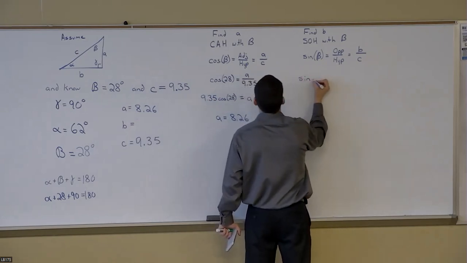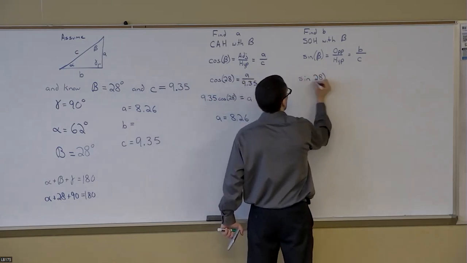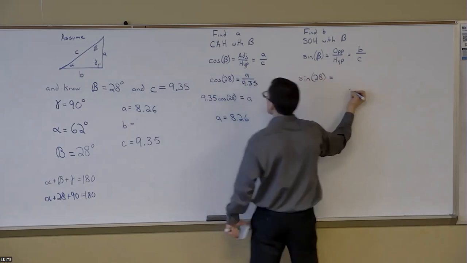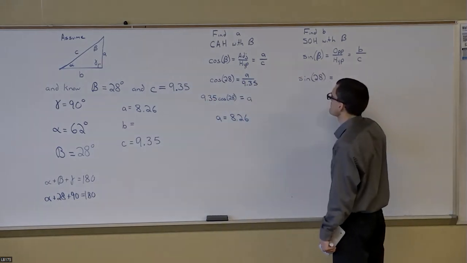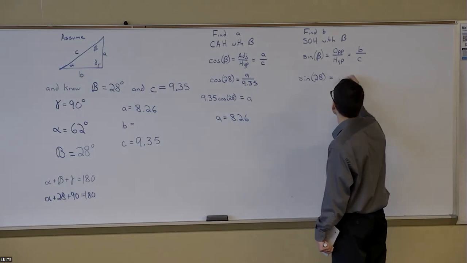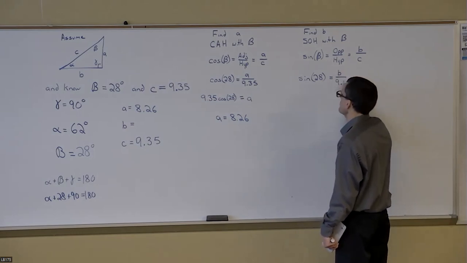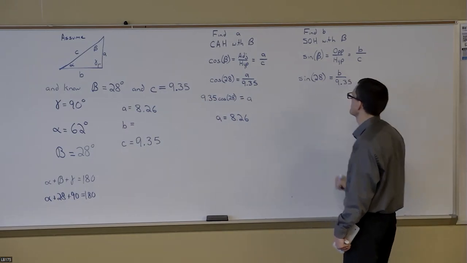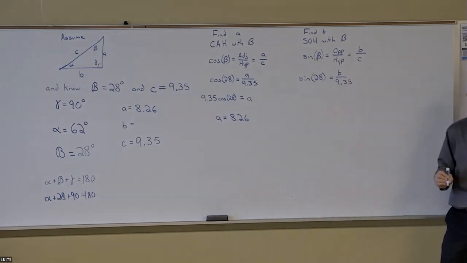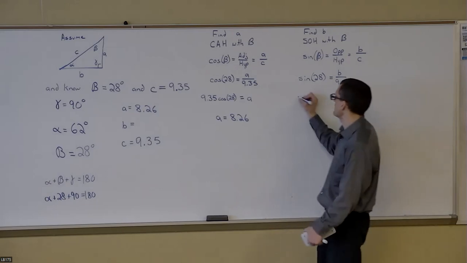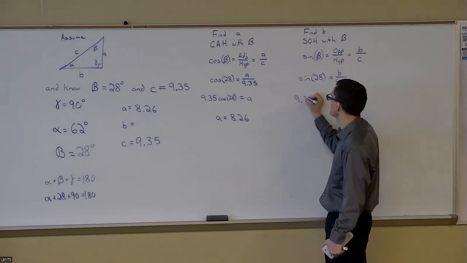So sine 28 degrees is equal to b, which I don't know yet, divided by c, which I know is 9.35. And so multiplying both sides by 9.35.